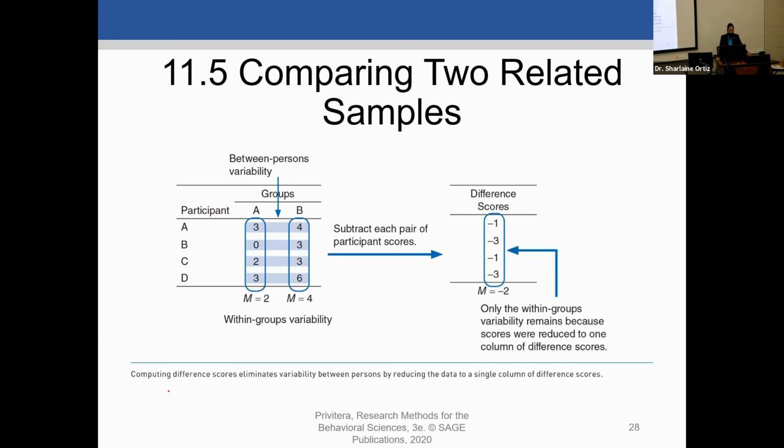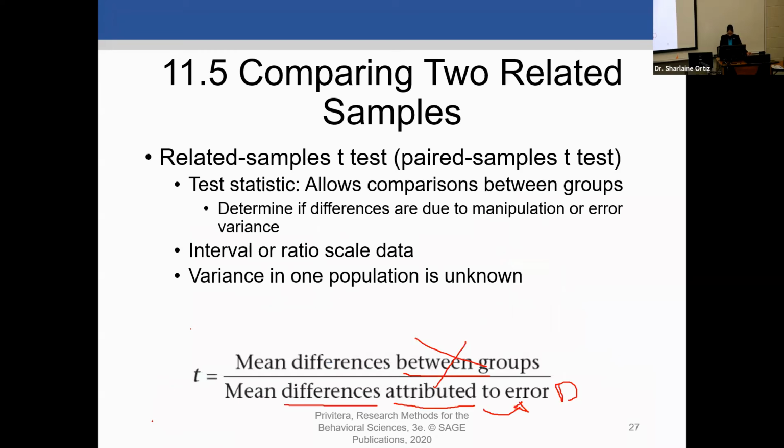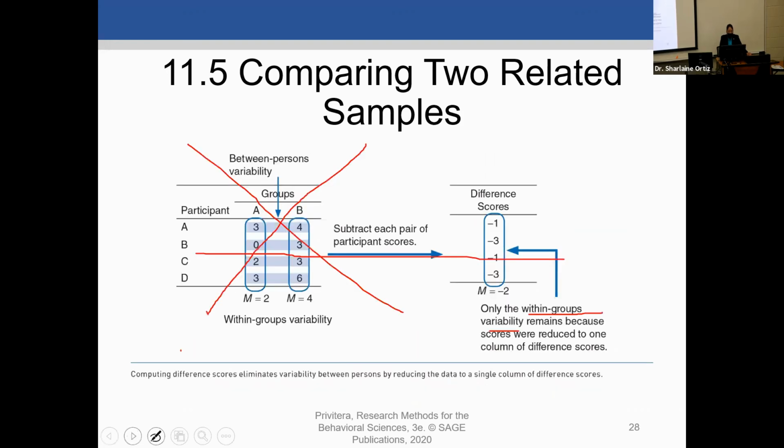Notice that in regards to the within groups variability, if I revert back to our previous illustration, in calculating these differences, I have tried to eliminate the differences between the groups. So now what I'm going to be left with is the within groups variability.